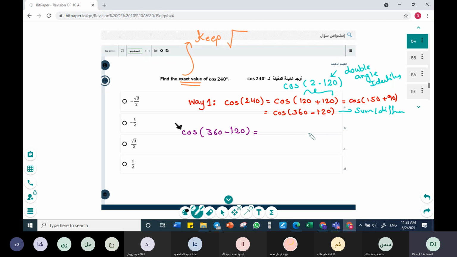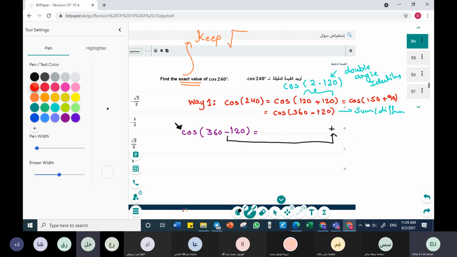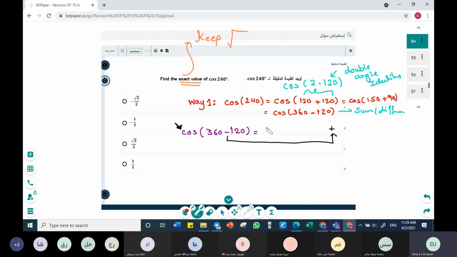Excellent. The sign will change for cosine. So if I have minus here, then I will put plus. My cosine identity will take, this is A, this is B: cosine the first, cosine the second, sine the first, sine the second.